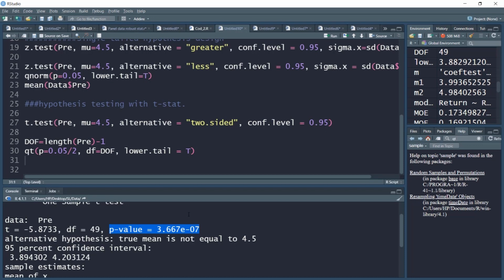So with this, we have implemented the t-test in this video, and in the next video we'll see whether we can find if the mean is more than 4.5 or less than 4.5 by conducting single tail tests. We'll also examine the critical differences between t statistic and z statistic related hypothesis testing.